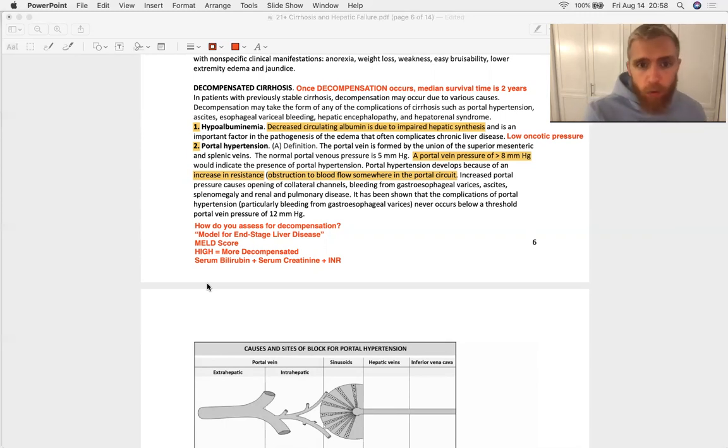Now, you register a patient who's decompensating and they are hypoalbuminemic. You want to give them some albumin to get their protein back up, but you also want to take care of their ascites while you're doing that, because if you don't, the albumin is just going to spill into that collection of fluid in the peritoneum.